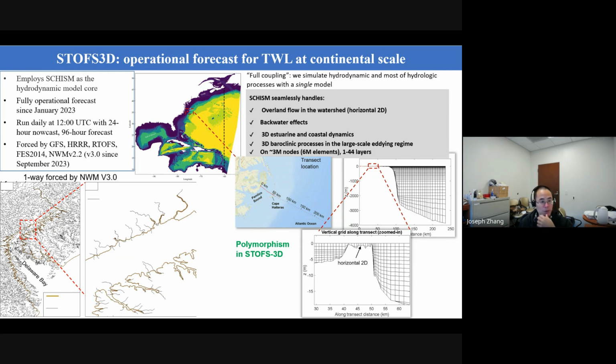So that's one of the original purposes, to really account for this coupled inland coastal flooding, including the backwater effects. Okay, so we have a big domain that covers the hydrological regimes.